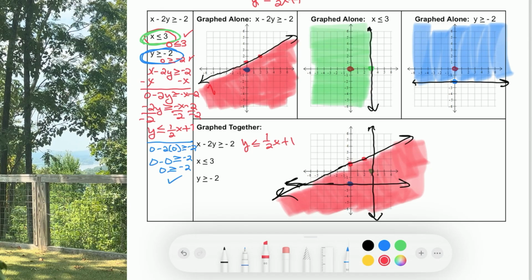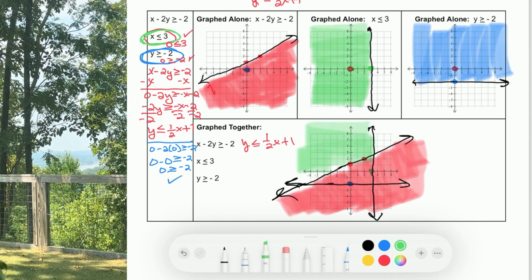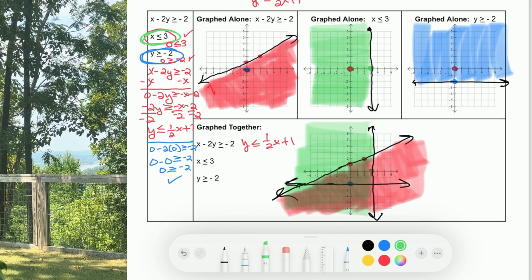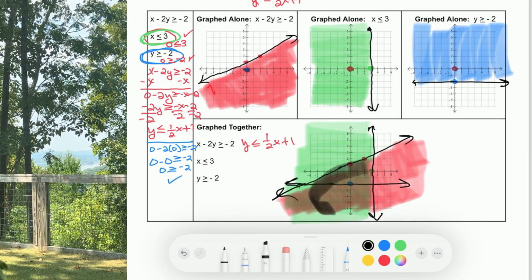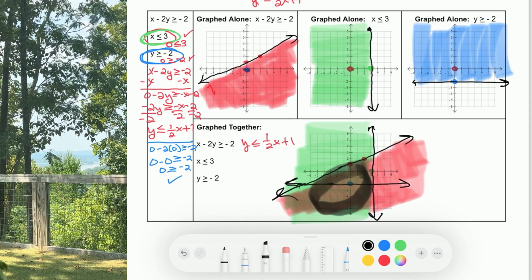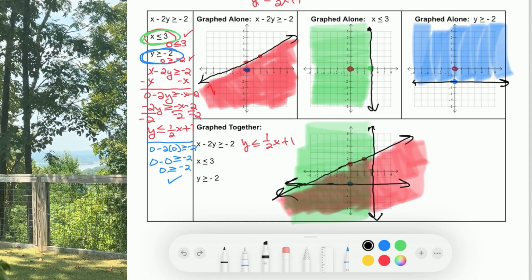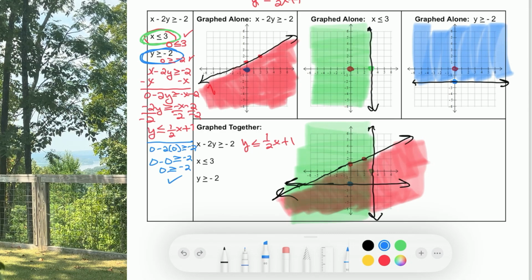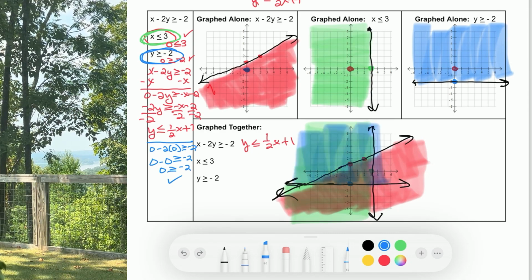The next one we had green, and it was going this direction. So far it looks like we have shared location right here. But we need to put the blue on there so we can see where all three of them share. So the blue one was up this way.